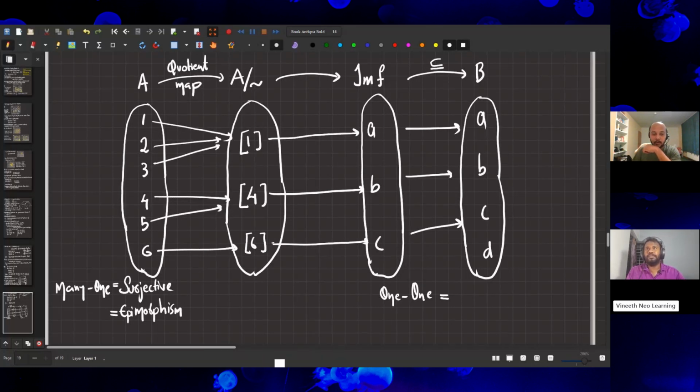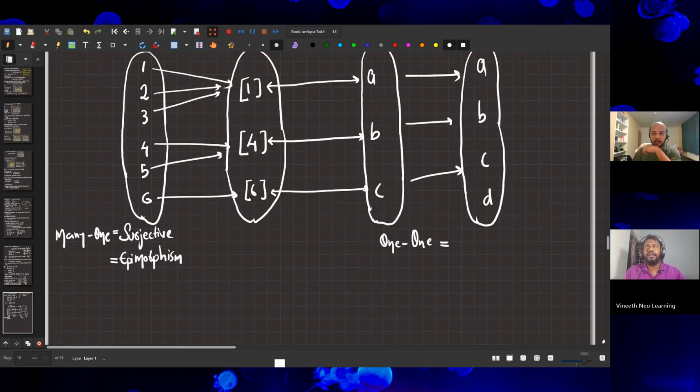I'll talk about the center map last. One-to-one is injective. Injective map, also known as monomorphism.